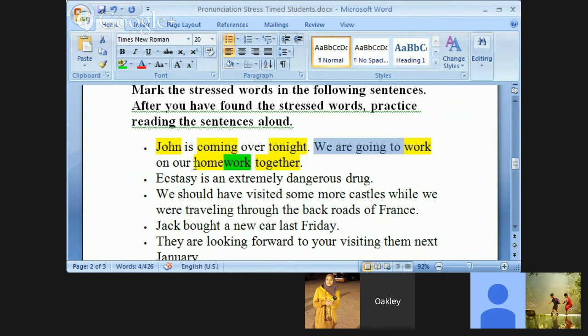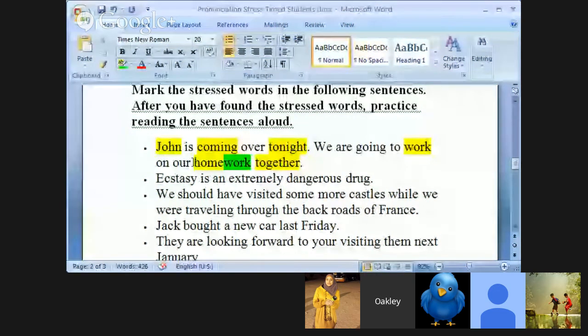Notice also when I have a string of content words together, how much slower the pace is. Listen to the difference in pace, how fast I'm speaking between we are going to and homework together. We're going to work on our homework together. Notice how I slow down a lot.